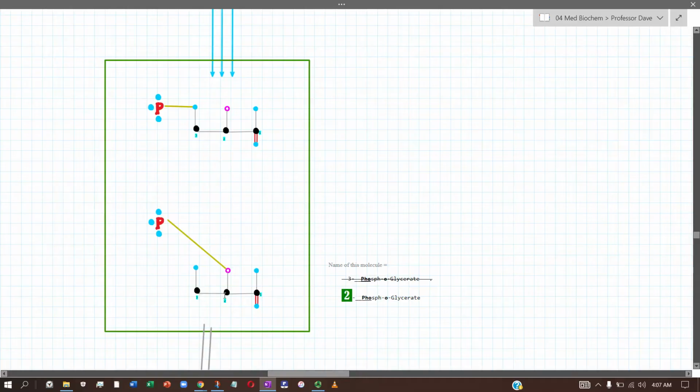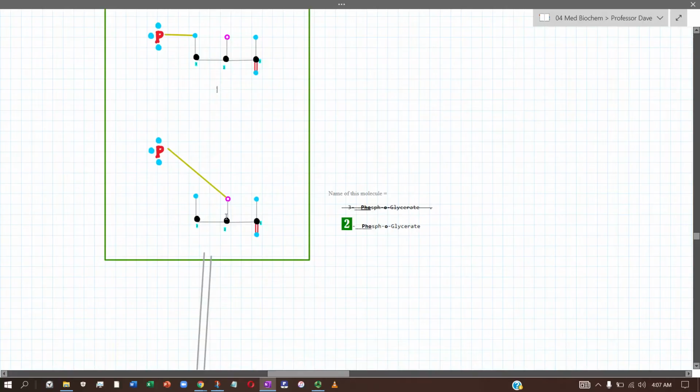There's a 50% probability that this oxygen came from the part of the glucose molecule which had the oxygen associated with the anomeric carbon. So for now, we'll keep using that purple circle for oxygen. So that's what happened in this step.